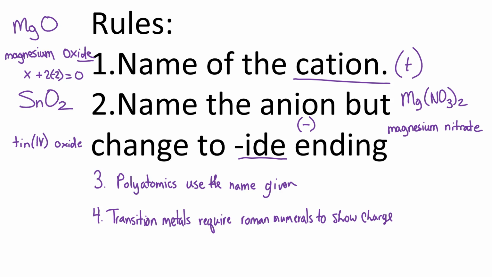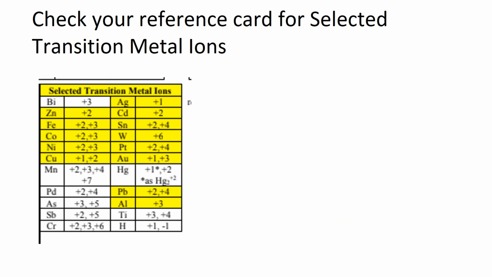So let's show this real quick. In your periodic table reference packet, on the second page, there should be a table that says selected transition metal ions, and it's going to look similar to this one, but not exact.